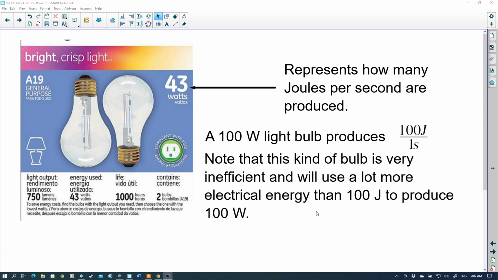So not all of the energy is being converted from electrical into radiant, which is light and heat. Therefore, you're basically paying for that loss. So you're going to need a lot more electrical energy to produce that 100 joules per second of light, because of the loss to heat.